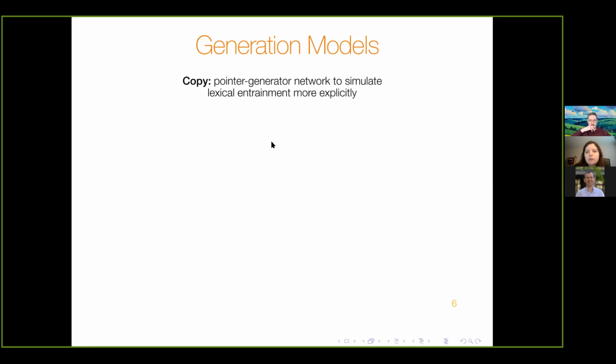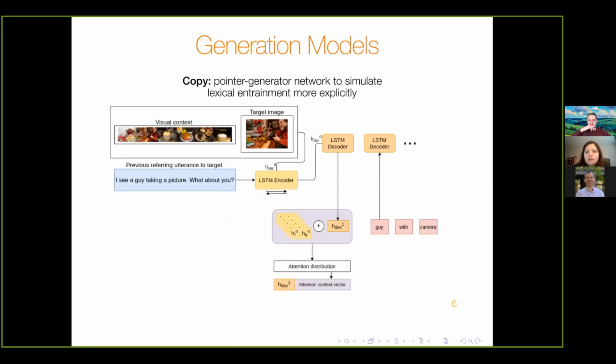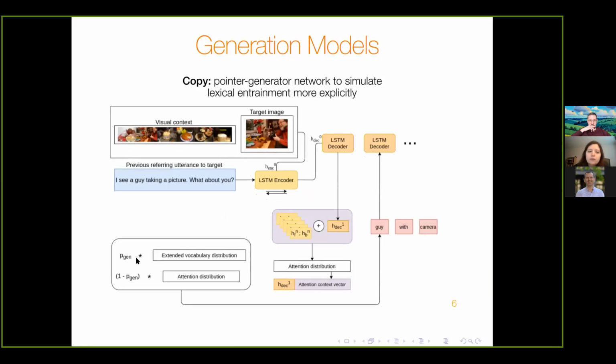And we also have this copy model, which is based on a pointer generator network. So it combines the probability of generating a word from the vocabulary with the probability of copying a word from the previous utterance. So this is again building our generation on previous history, but in a different manner.